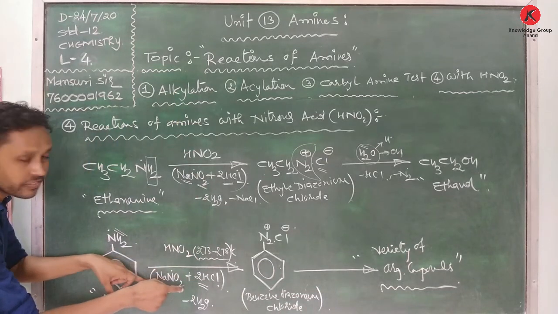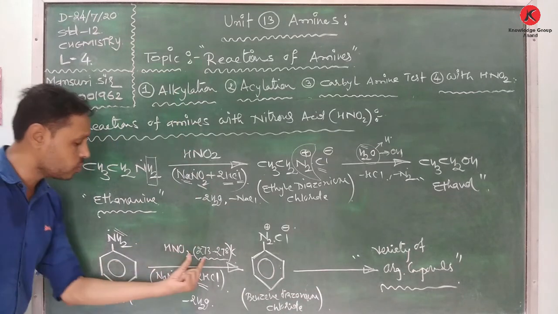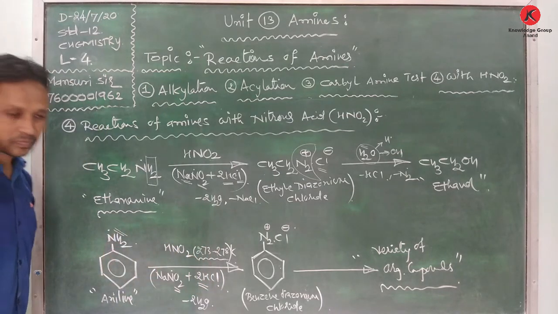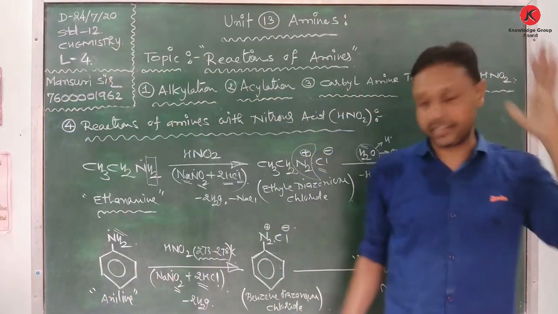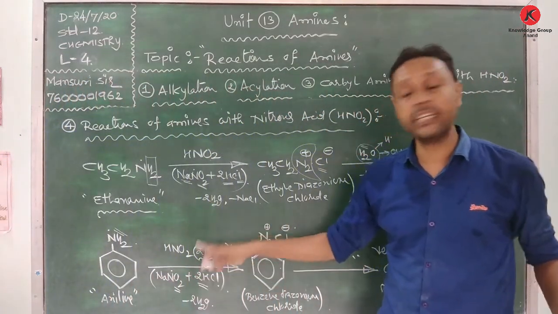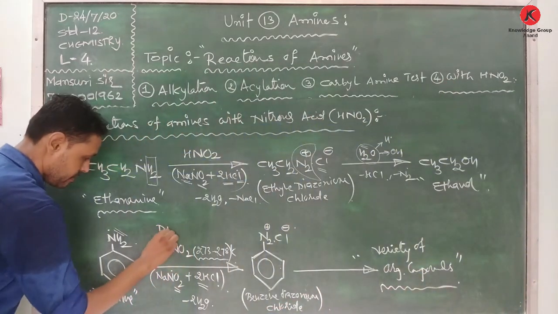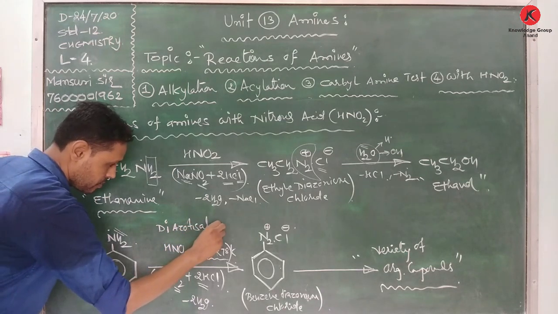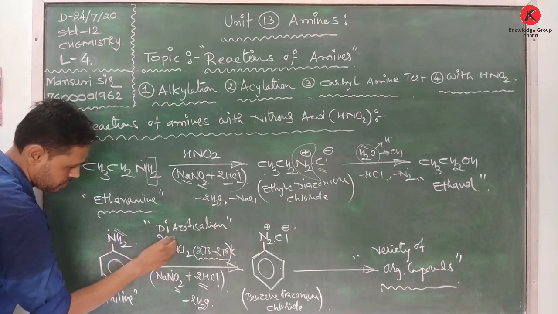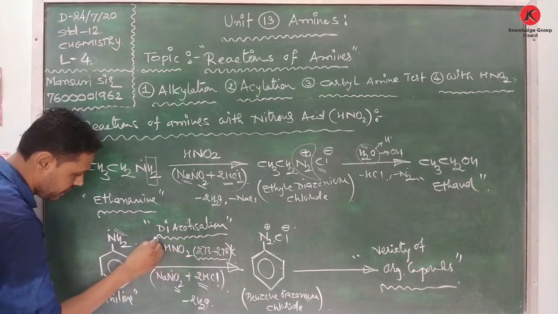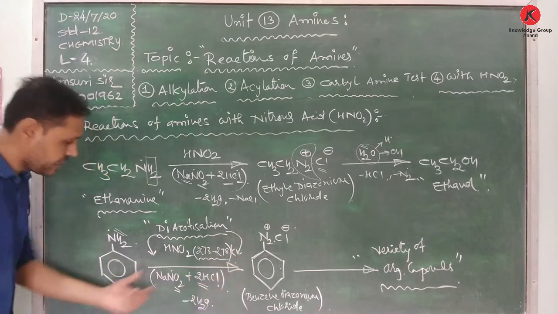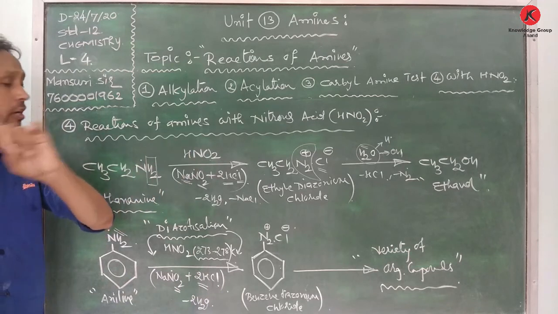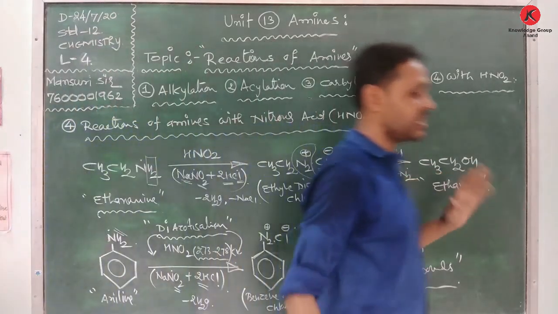Here the reaction takes place at 273 to 278 Kelvin. That is why this reaction is known as diazotization. Because here you have given temperature 273 to 278, this is the reaction known as diazotization.